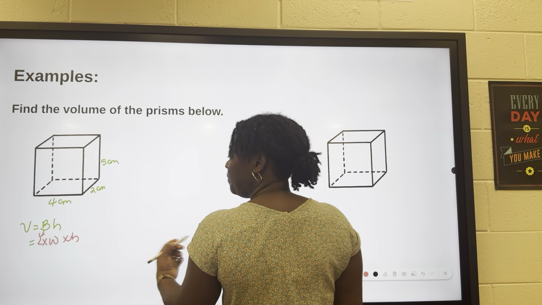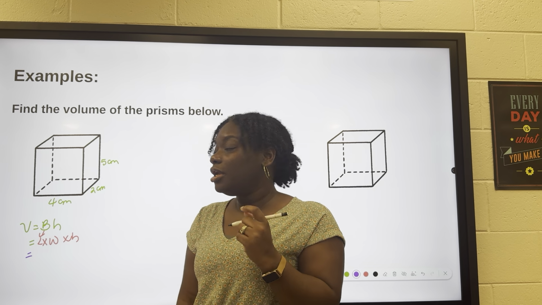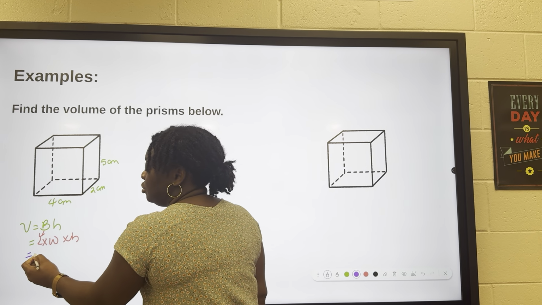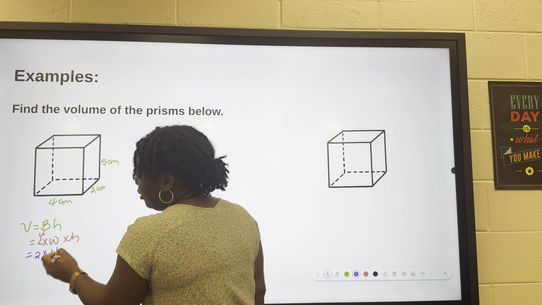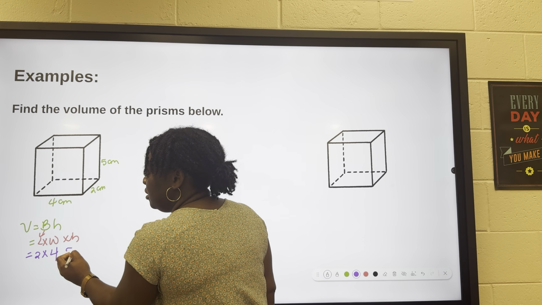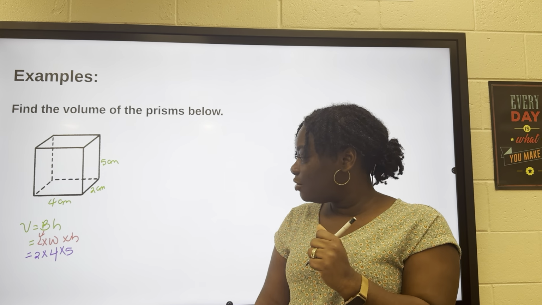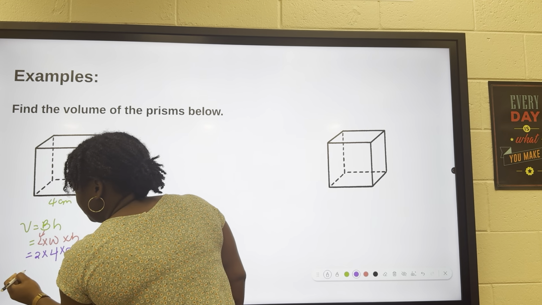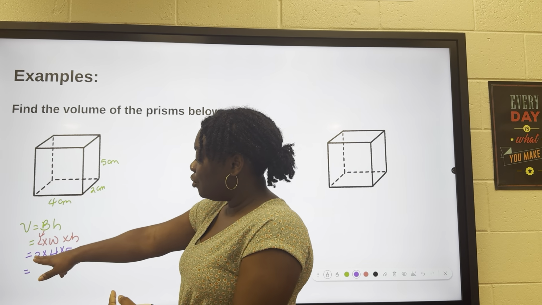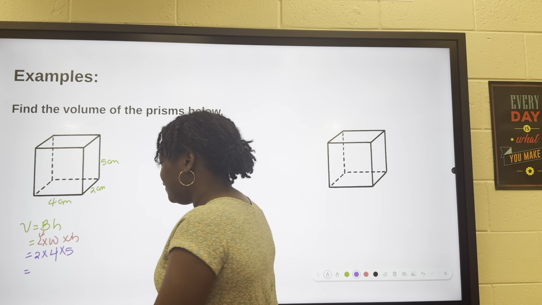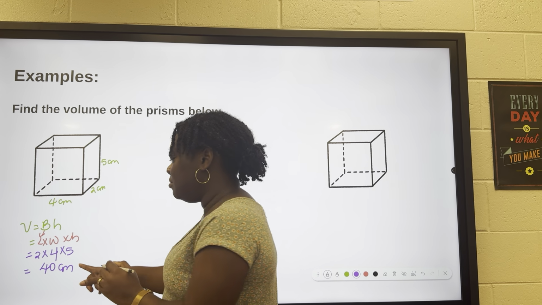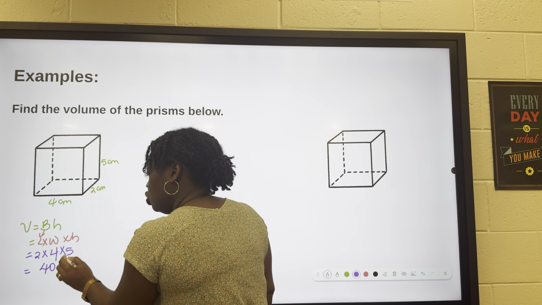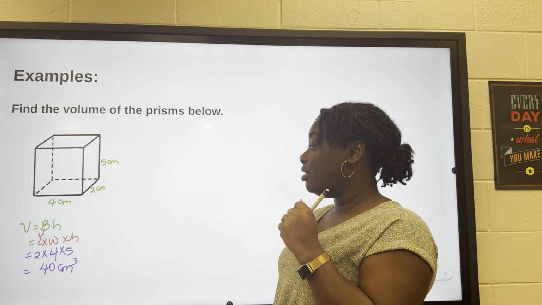Let's plug the information in. My length is 2, my width is 4, and my height is 5. So what's my answer? 2 times 4 is 8, times 5. That's 40 centimeters cubed, since we're finding the volume.